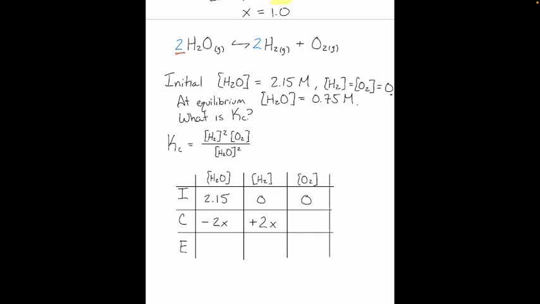Oxygen is also a product, so that will be positive, but now there's no coefficient out front, so it's just going to be plus x. All right, then for my E box, I just sum together the I's and the C's. So 2.15 minus 2x, 2x, and x.